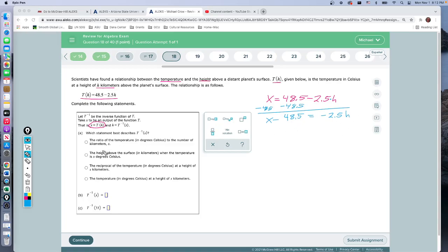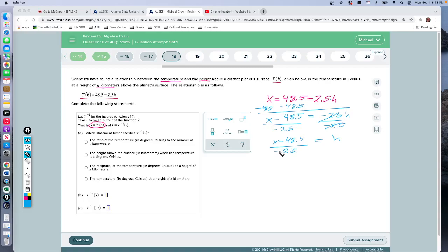To get h by itself, we're going to divide by negative 2.5, and we divide this whole side by negative 2.5. These cancel, and H is on this side, right? We have x minus 48.5 over negative 2.5. I should accept it that way.